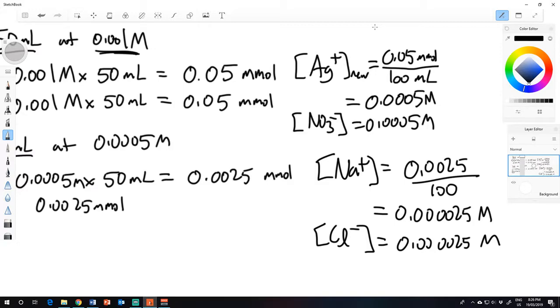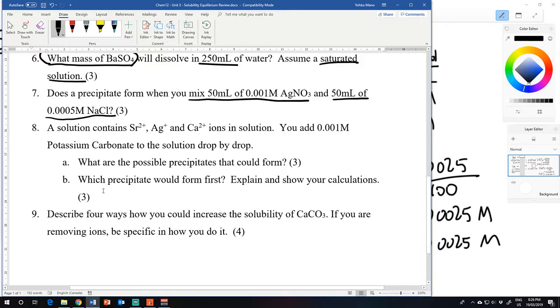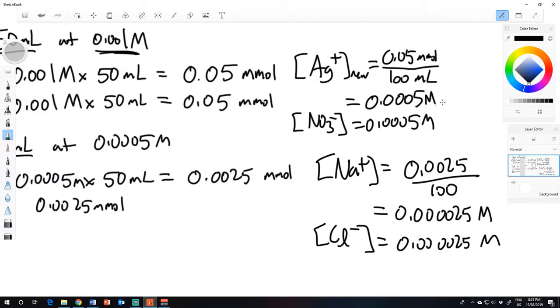However, we're actually not done yet because that's not what the question's asking. The question is asking, does a precipitate form? But in order to answer that question, we have to calculate the ion concentrations. Why?